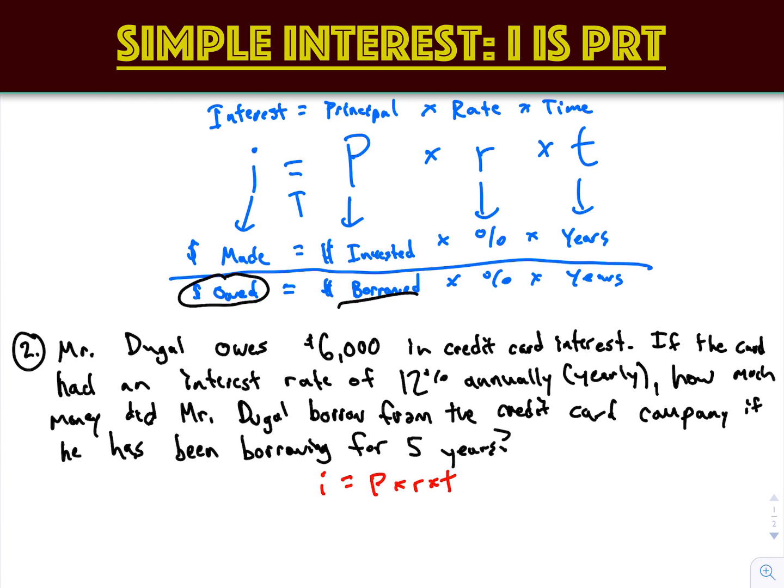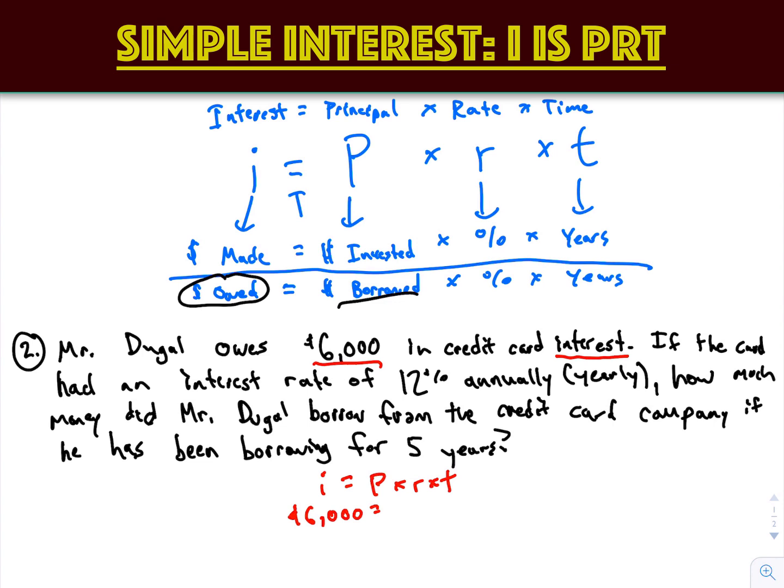So, first things first, I need to identify which 3 of the 4 that I have. And it tells me this time that I owe $6,000. So this is actually the interest, and it does tell me later interest too. So $6,000 of interest. So that's going to go where I is this time. They didn't take it easy on us.